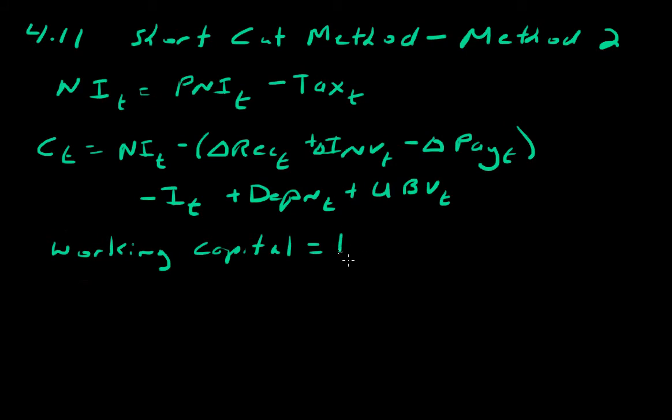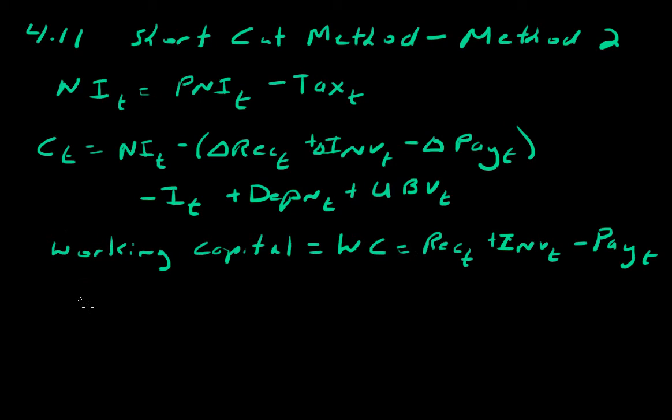And so we're going to abbreviate this as WC, working capital. In our framework so far, the types of working capital that we've seen are receivables, inventory, and payables. And that's still entering negatively.